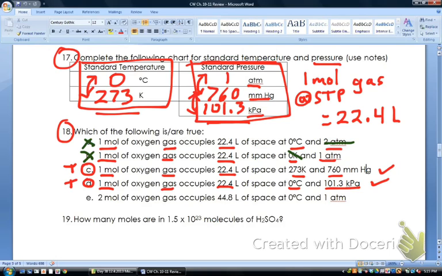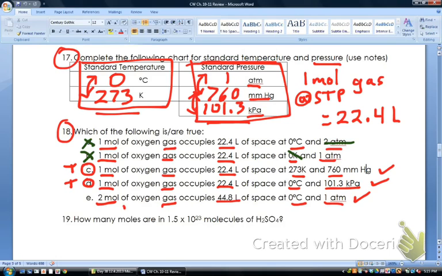And finally, this one could be a little trickier. Before we do the first part, let's just check our STP. We have 0 degrees Celsius, 1 atmosphere. That fits under STP, so that part of this statement is true. Now, let's see. What 2 moles of gas is equal to 44.8 liters?